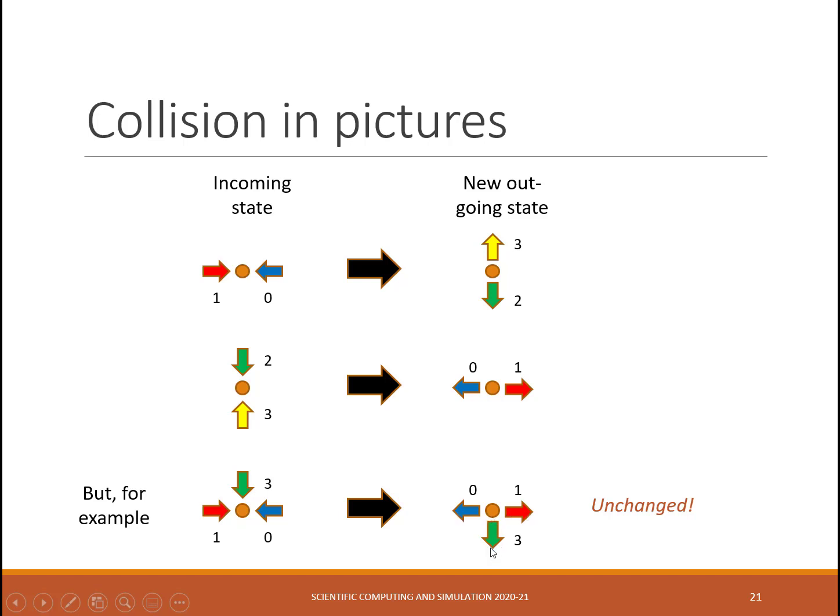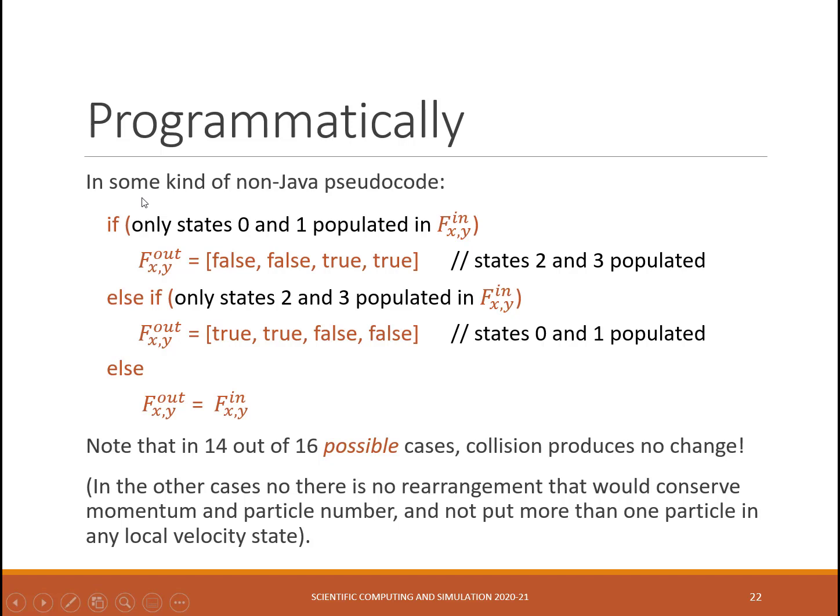In this slide, I want to present the pseudocode implementing the collision rules in the HPP model. The first if clause simulates the first collision discussed in the previous slide. As we can see here, the two particles in states 0 and 1 are reflected with new states 2 and 3.